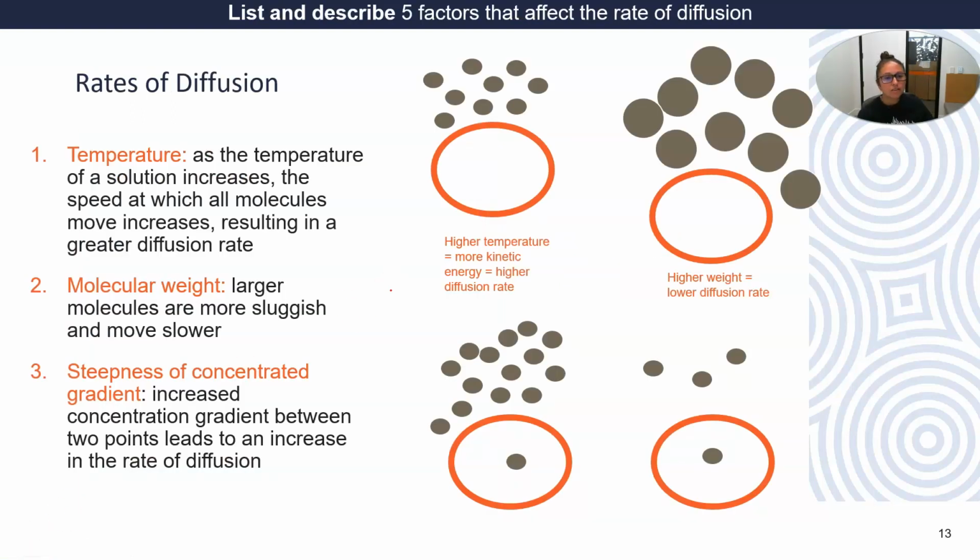Okay, so let's think about the rates of diffusion now. Remember what diffusion was? Diffusion is the movement of molecules from an area of high concentration to low concentration. So there are things that are going to affect that. First of all, temperature.